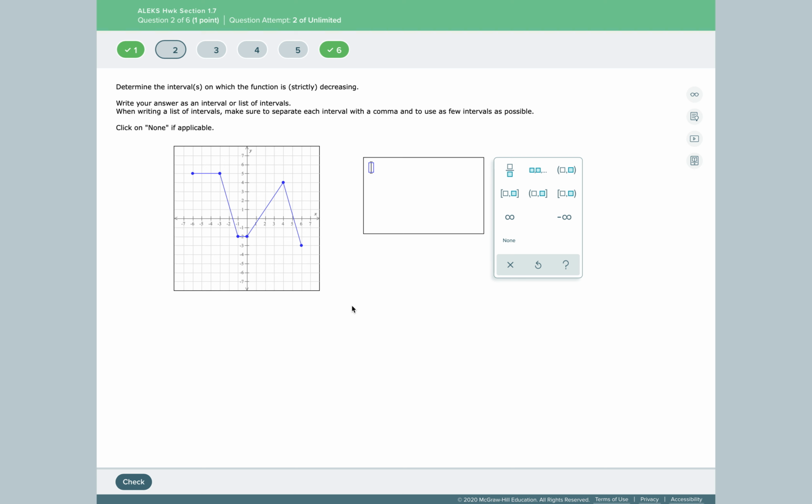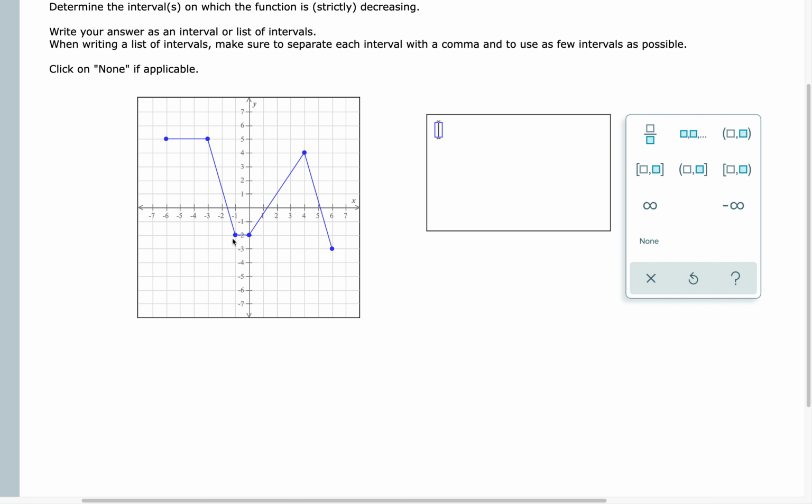For this item, it says to determine the intervals on which the function is strictly decreasing, and to write your answer as an interval or as a list of intervals. Where we have decreasing, this is where we have downward motion. In this particular image, you have a decrease here, and another decrease at the far right. The first goes past negative 3 at x, approaching negative 1.